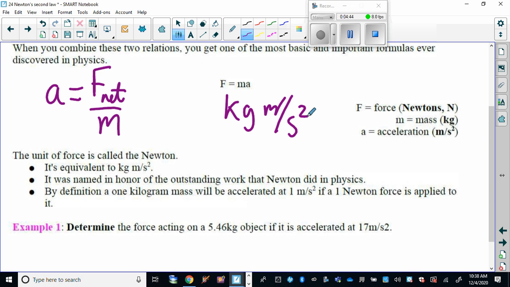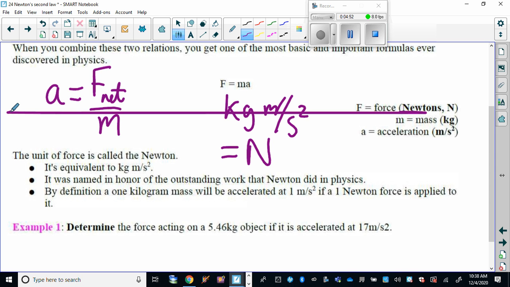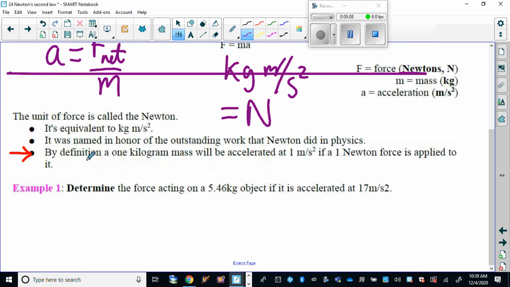But instead of writing kilograms meters per second squared for force, we've decided to just abbreviate that and call it newtons in honor of the great man, Sir Isaac Newton. All right, but then here's a good definition that you should probably be aware of. By definition, 1 kilogram mass will be accelerated at 1 meter per second squared if 1 newton force is applied to it.